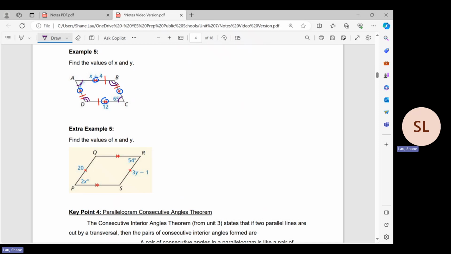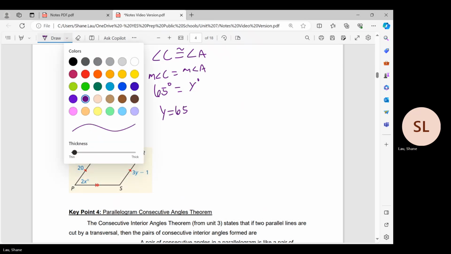Because we know that angle C is congruent to angle A, we can say that the measure of angle C is equal to the measure of angle A. Because they're equal to each other, substitute what is in our problem here. 65 is the measure of angle C, and the measure of angle A is y degrees, which means that y must be 65. Pretty simple.